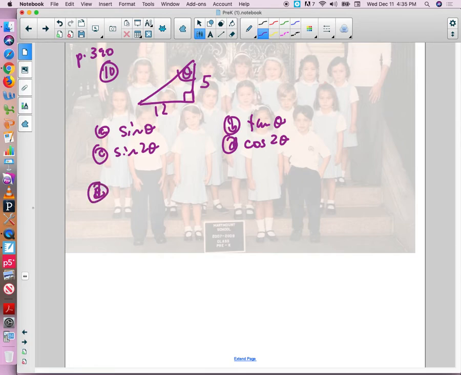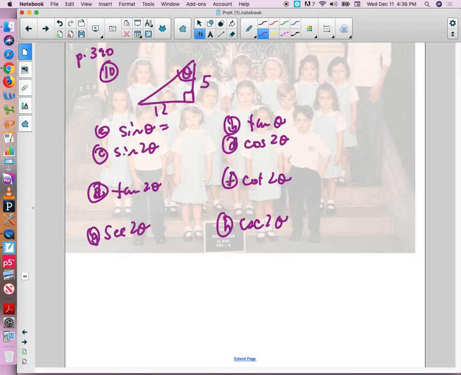E is tan 2 theta. F is cotan 2 theta. G is secant 2 theta. And H is cosecant 2 theta.